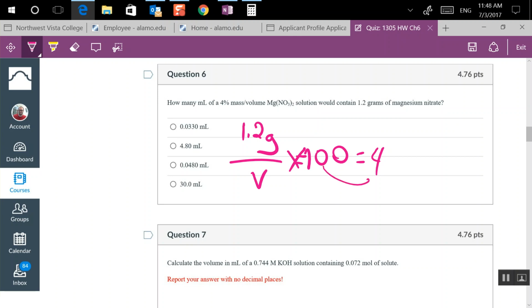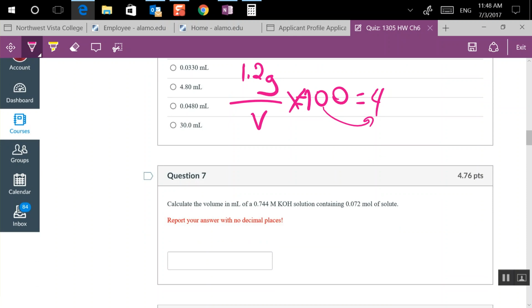First thing I would do, I'd divide by 100, and I would get 0.004 is equal to 1.2 divided by V. Then I could move V up here, and I would get 1.2 equals that, and then I could move this down here, 0.004, and take 1.2 divided by 0.004, and it would tell me the volume.